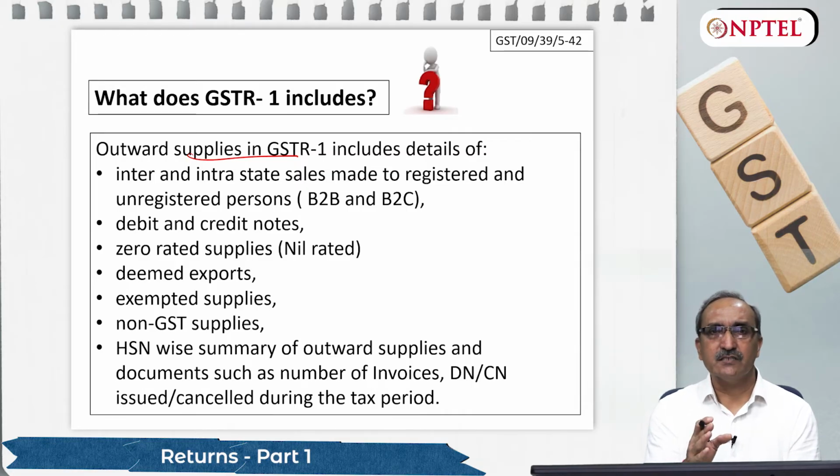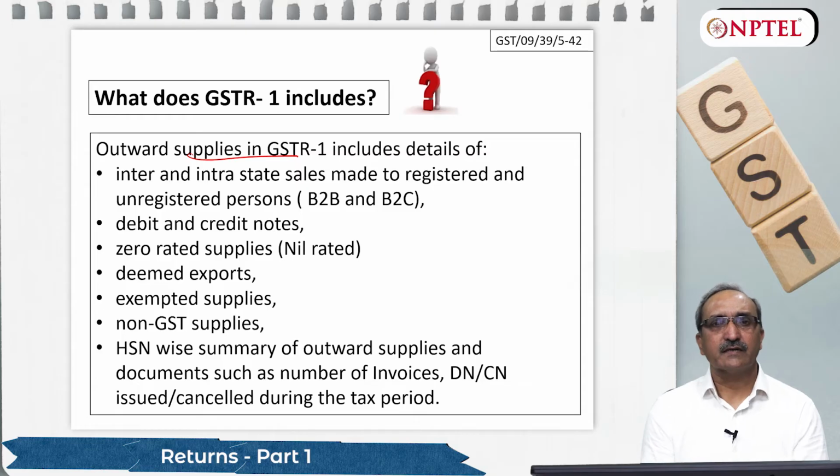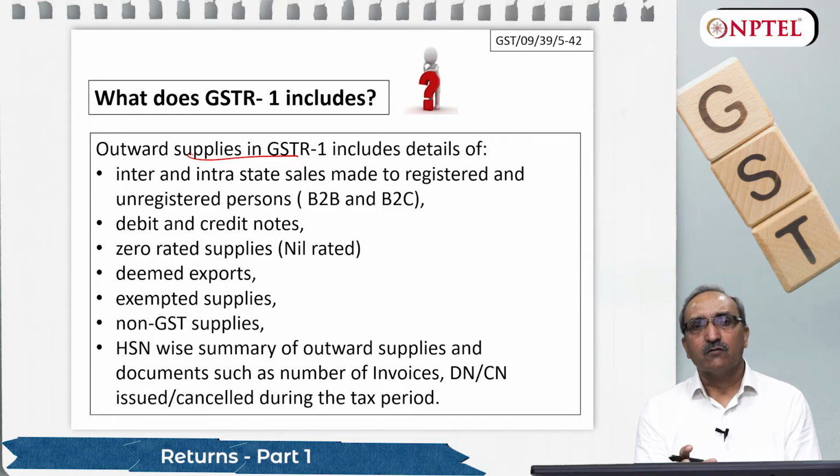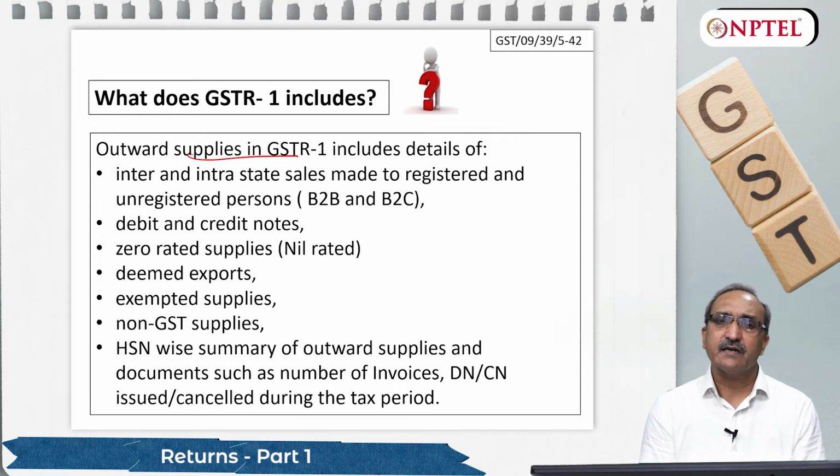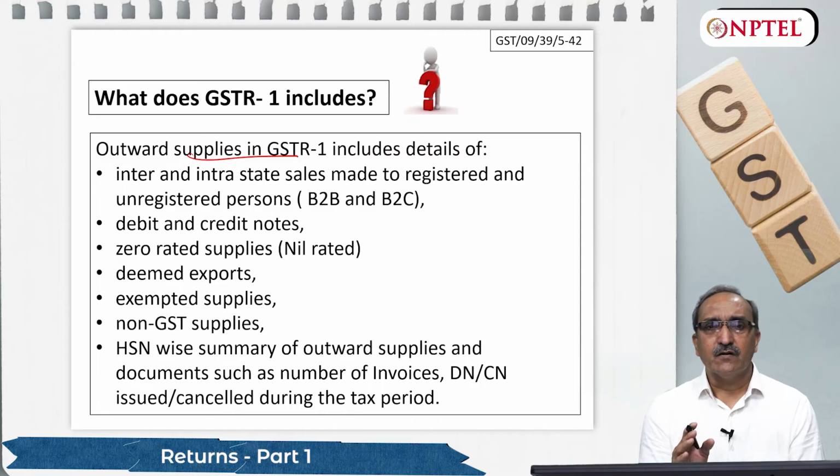So when we deal with this on the GST portal, you will get clarity on how data is filled, and if you are using good software, it will do it automatically. So that is your first point, how our sale has to be uploaded in GSTR 1 and further to the GST portal. Then debit and credit notes.